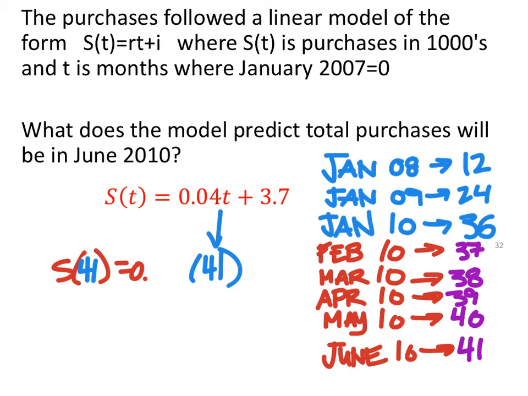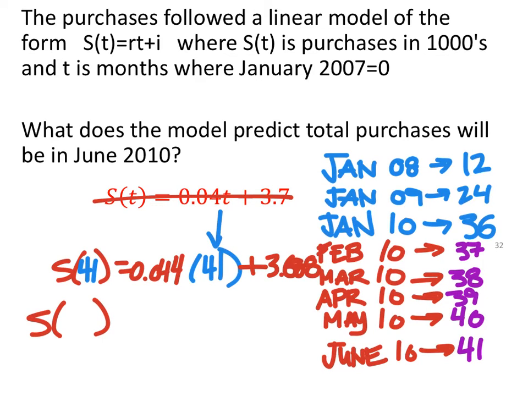So this equals 0.044, I think we had, right? Plus, yeah, so it looks like in this one they approximated those values, but I don't want to approximate right now. There's no need to. So I'm going to put this into the calculator, which will tell me the purchases that we would expect in June 2010.